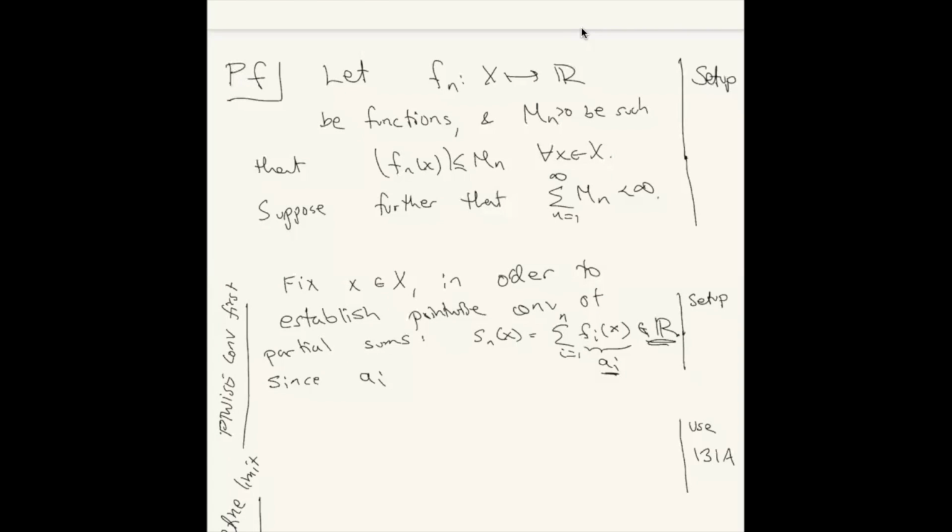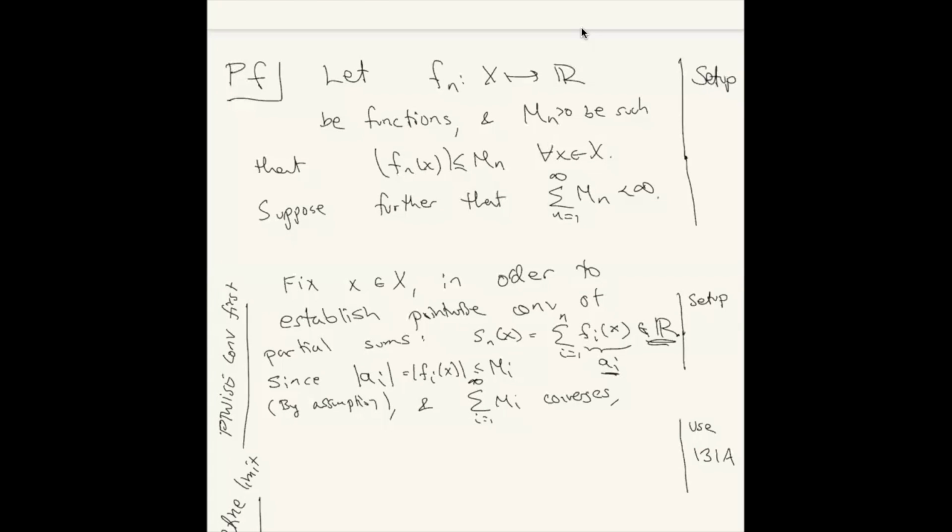This depends on x, but I don't want to emphasize the dependence because x is fixed. So the absolute value of a_i is equal to the absolute value of f_i(x), which is less than or equal to M_i by assumption. And the sum of M_i from i equals 1 to infinity converges.